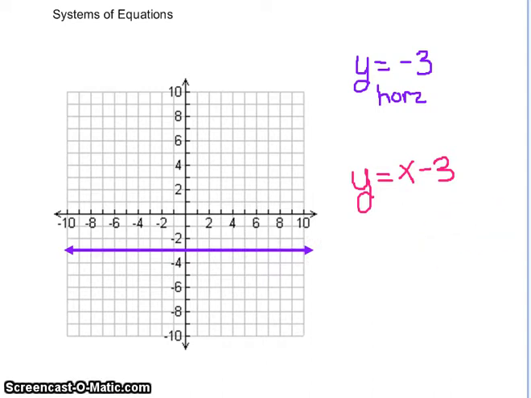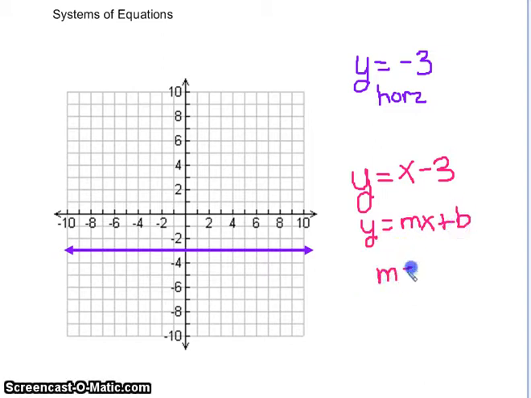Now, if we look at our second line, it is not horizontal, it is diagonal because it is in the form of y equals x minus 3, or y equals mx plus b.